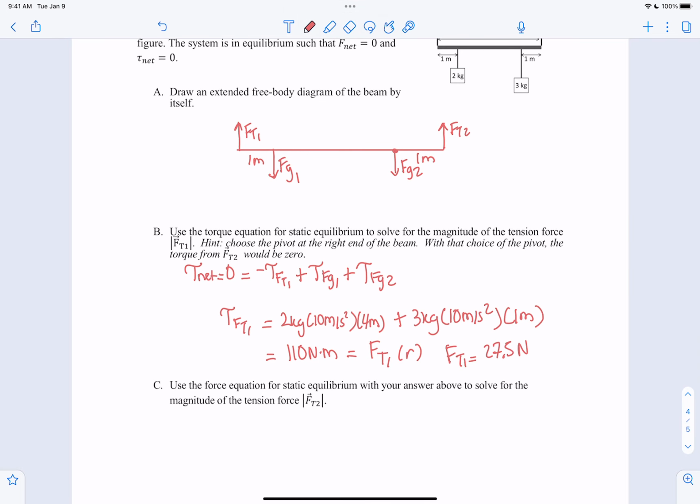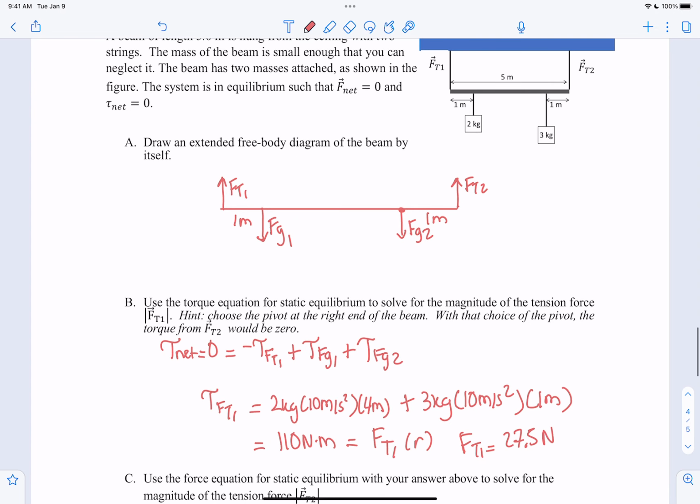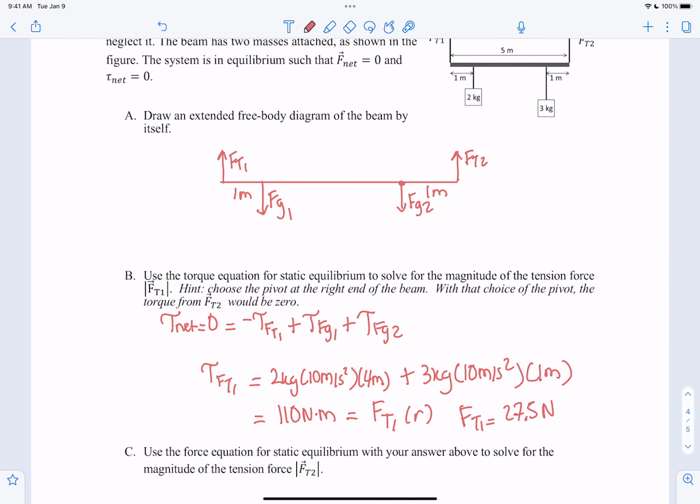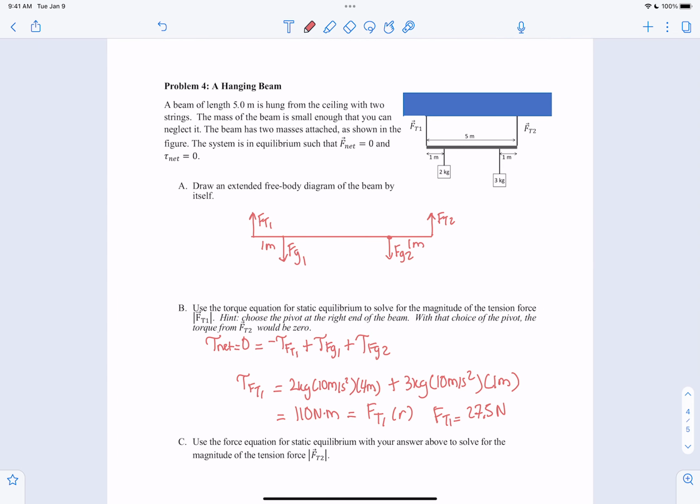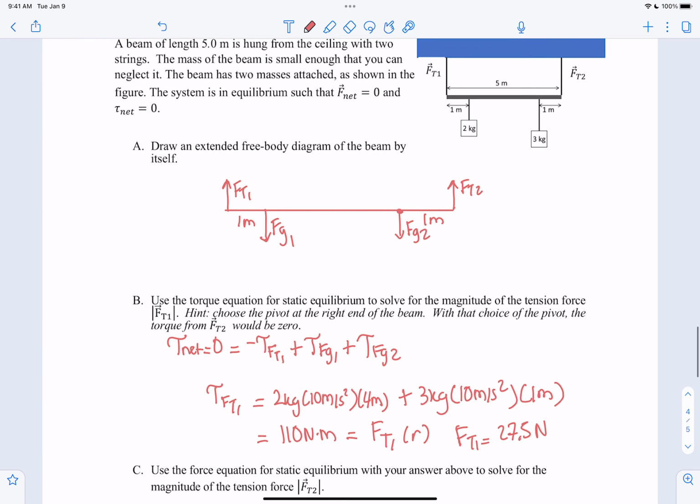But I feel like something is a little off here. But yeah, did everyone else get that for B?